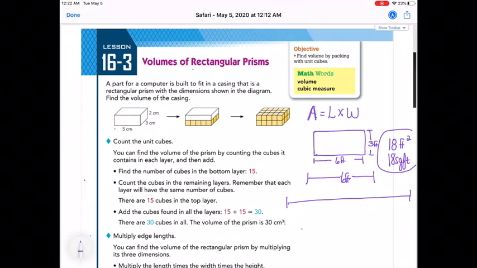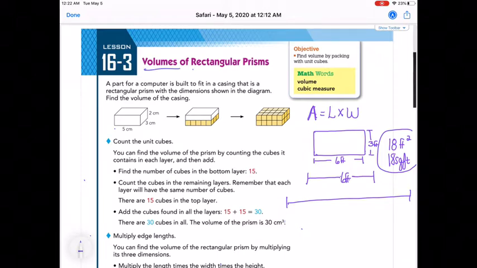So area gets labeled in square units: square feet, square inches, square miles. That's all review. We've already learned that. So we're going to take that knowledge and move it into talking about volume.